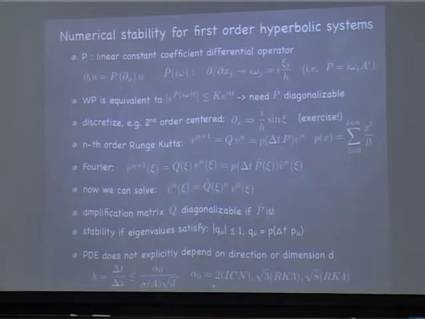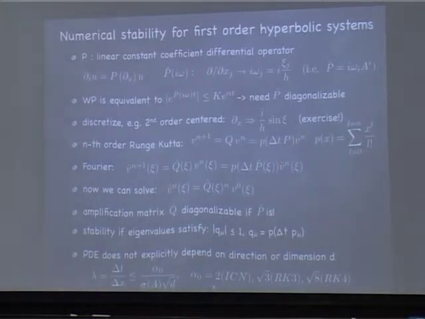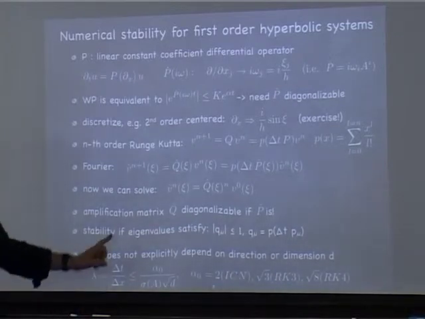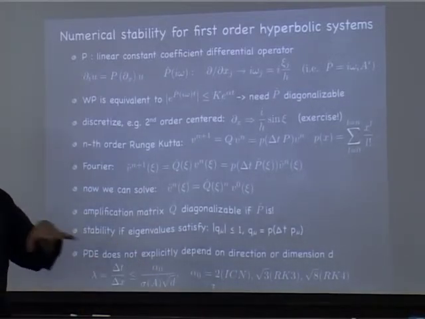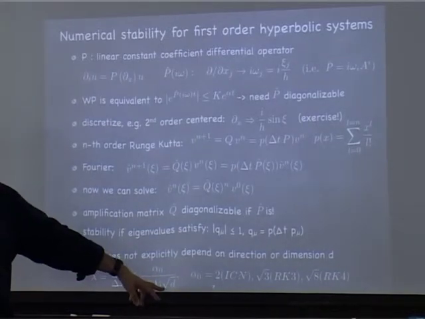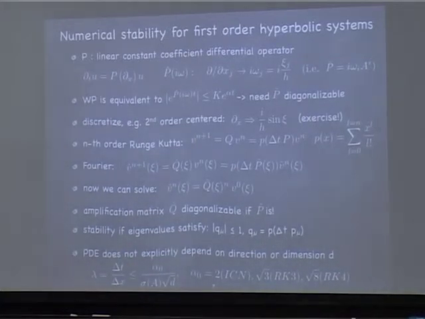So if you have done your Einstein equations in 1 dimension and found a certain maximum time step, in 3 dimensions it's square root of 3 smaller. So going to higher dimension is expensive for many reasons, and one of them is this.